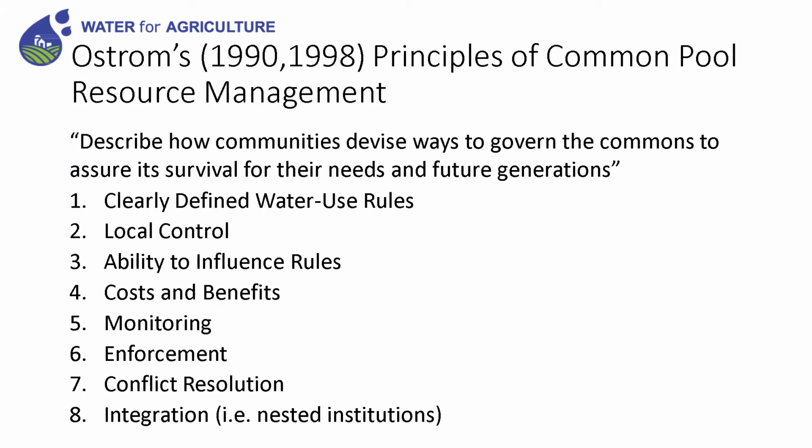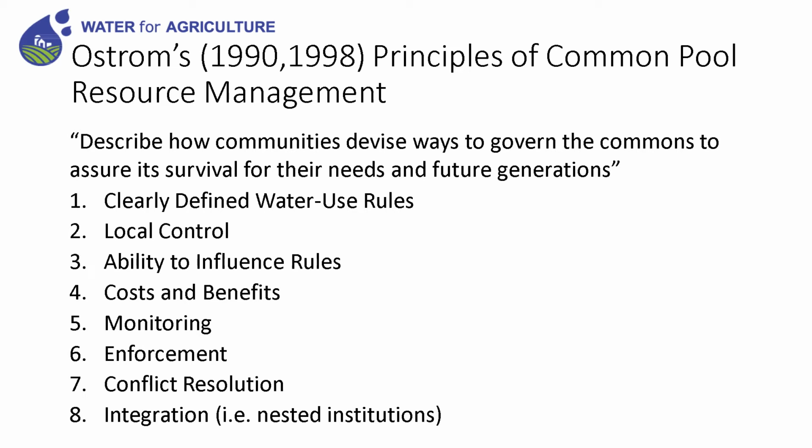As I mentioned, this assessment was conducted following Eleanor Ostrom's Principles of Common Pool Resource Management. Eleanor won the Nobel Prize in 2009 for her body of work studying how successful local communities govern the commons. These principles describe how communities devise ways to govern the commons to assure its survival for their needs and future generations.